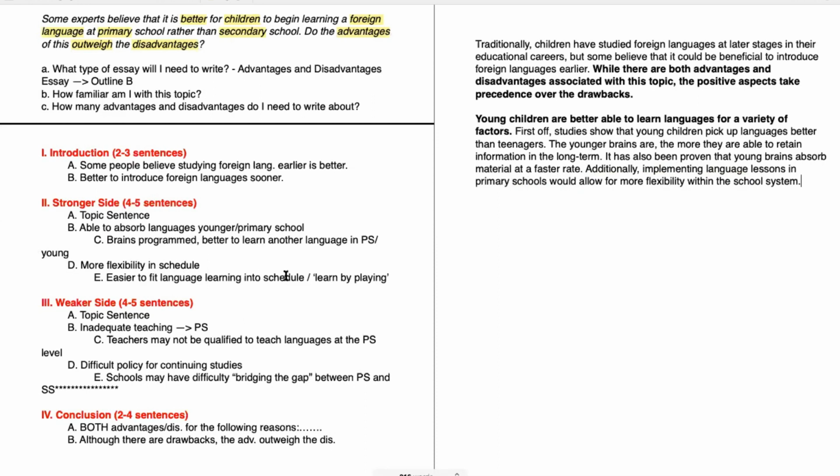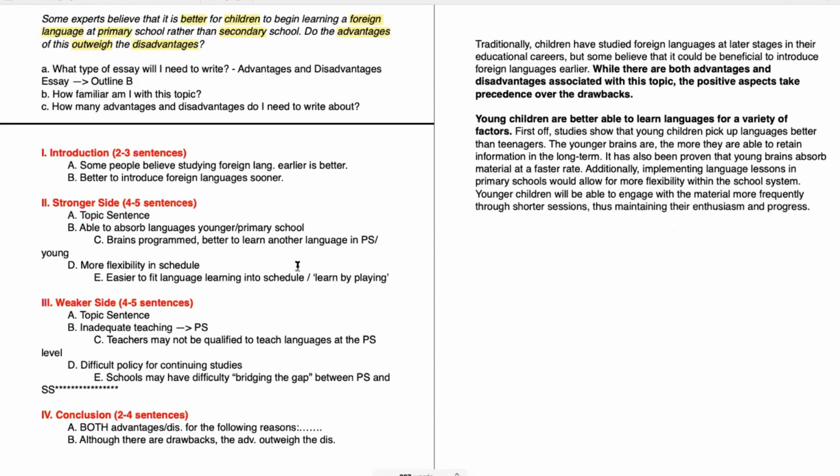And now, as an example, I'm going to say younger children will be able to engage with the material more frequently through shorter sessions, thus maintaining their enthusiasm and progress. And though this is how I've talked about learning by playing, easier to fit into the schedule.